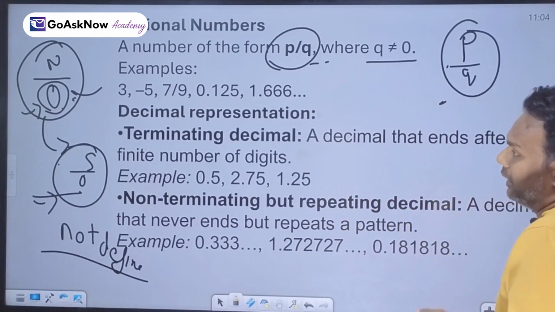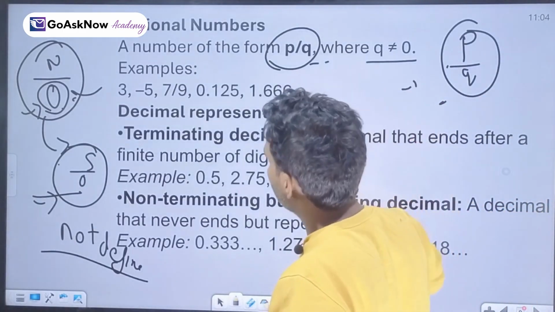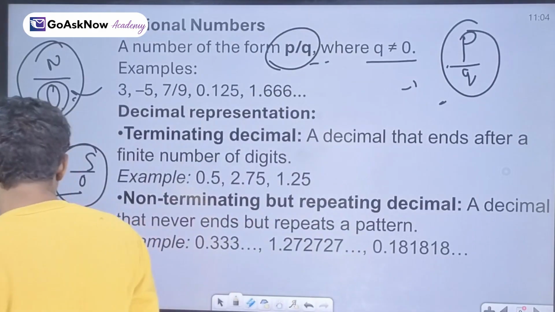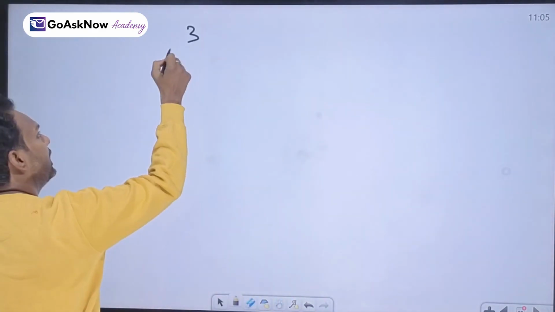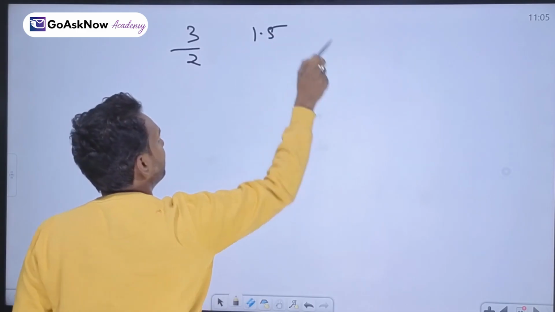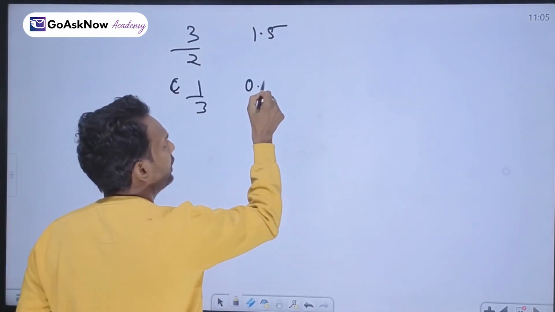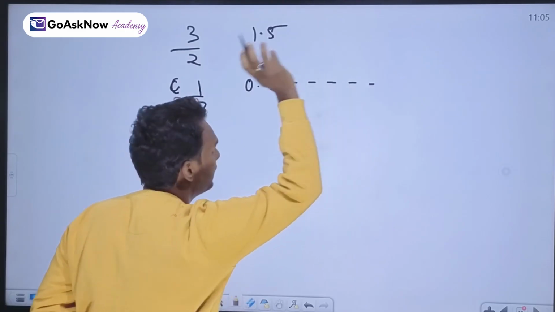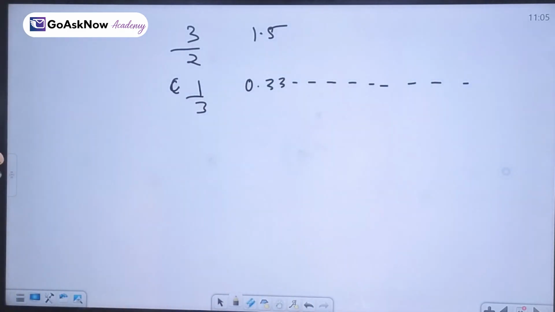So a rational number can be written in the form of p by q. So what does p by q show us? When we write 3 by 2, we get 1.5. When we write 1 by 3, we get 0.333333, a never-ending decimal expansion. Okay?